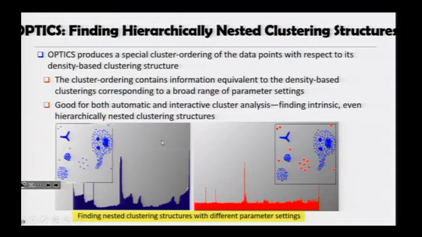So there are twofold benefits for OPTICS. One is that it's robust to the user input parameters. Using a minimum points of 4 and using a minimum points of 5 may not make much difference to the results at the end.